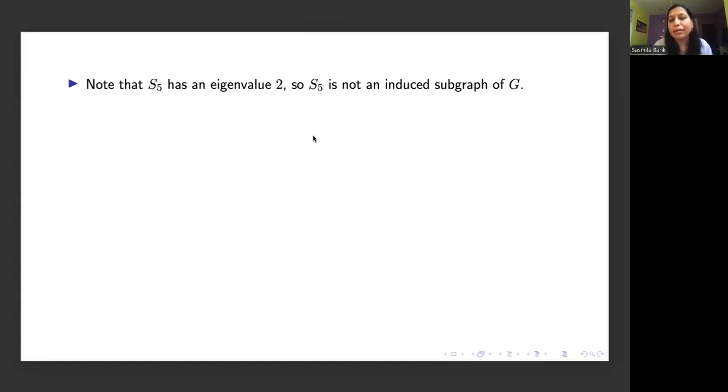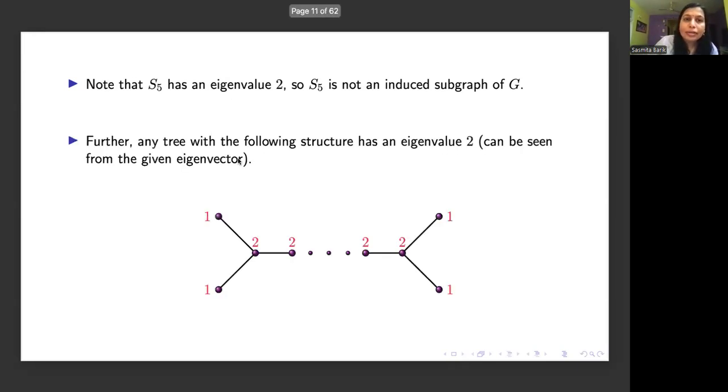So it cannot contain a star of order 5. That means it cannot contain a vertex of degree 4 or more, because in that case the spectral radius will be greater than or equal to 2. So all the vertices must be of degree 3 or less.